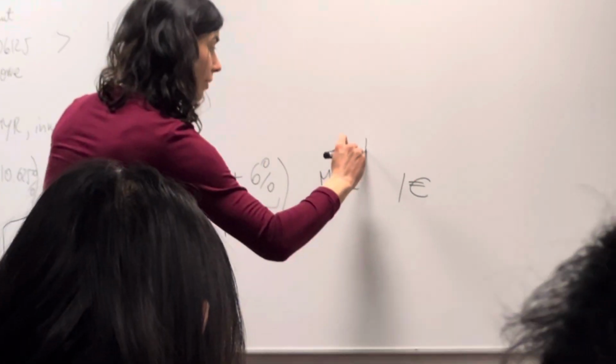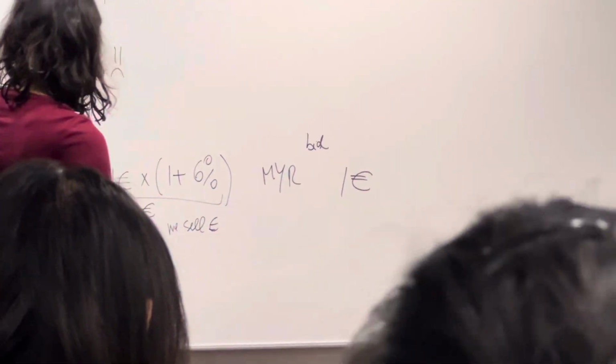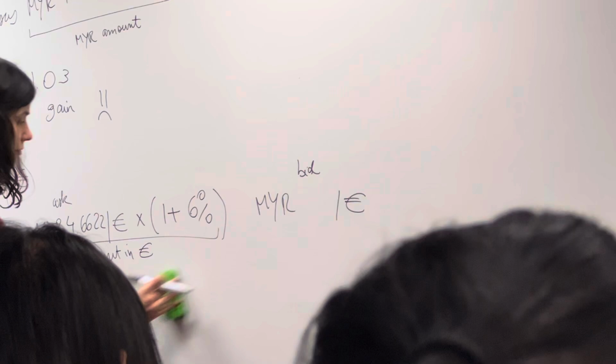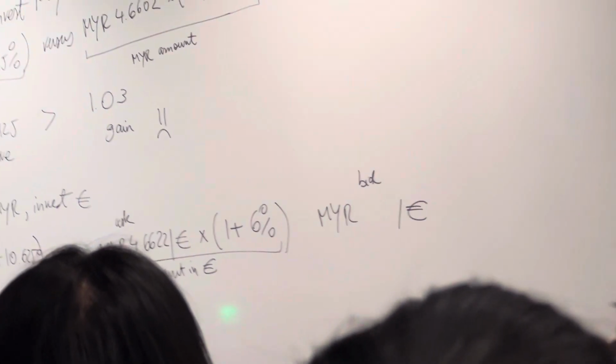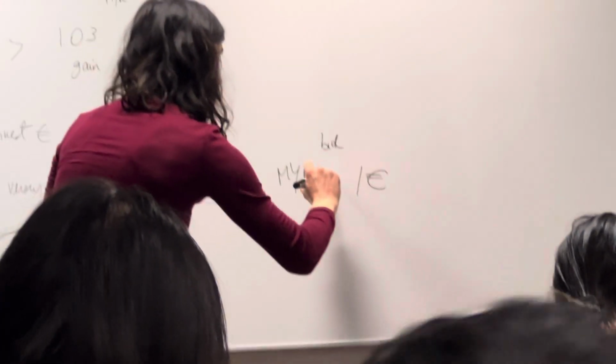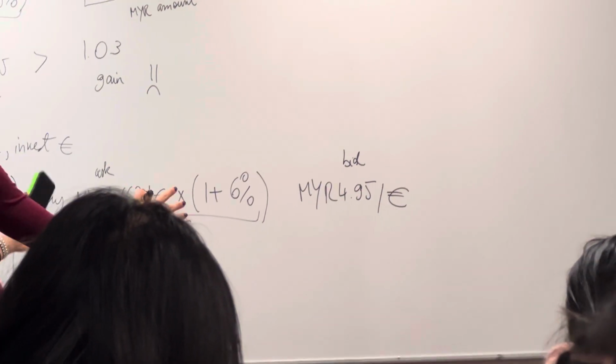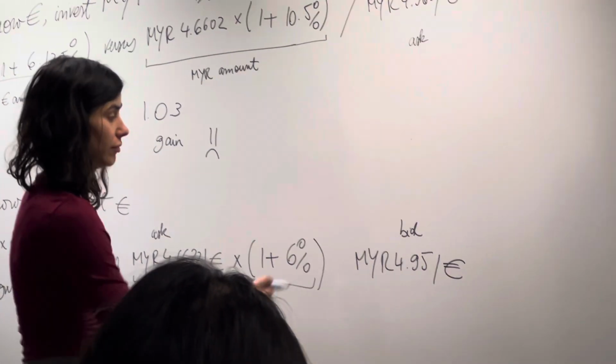So we will use the bid rate, which in 1 year's time is 4.95. Do I multiply or do I divide? So we have an amount in euro.